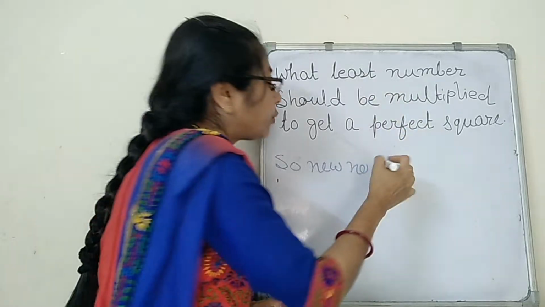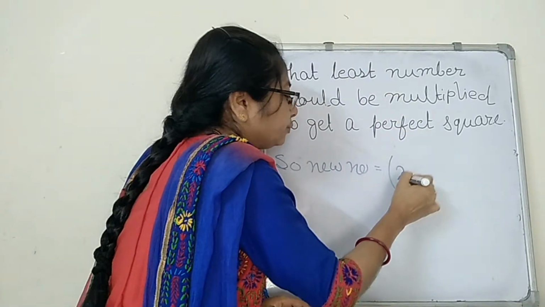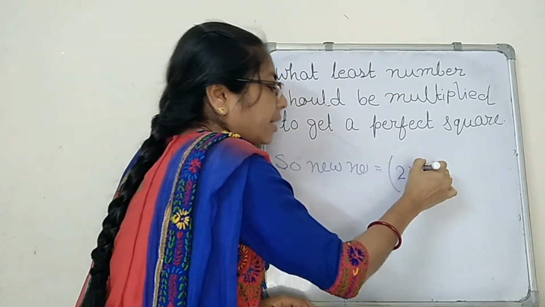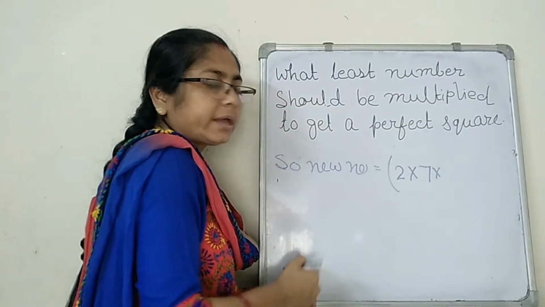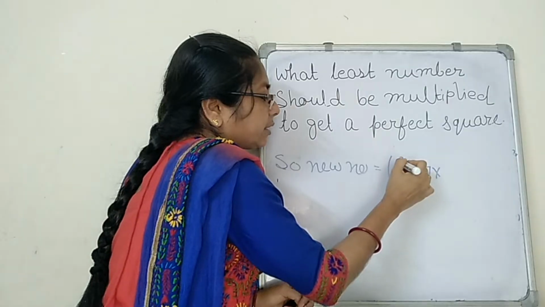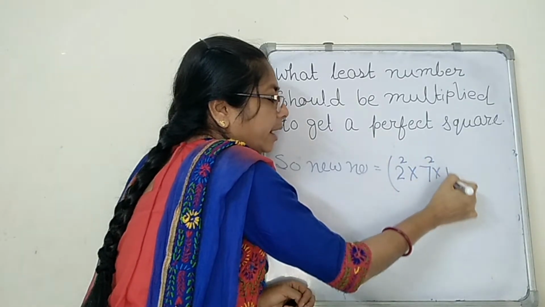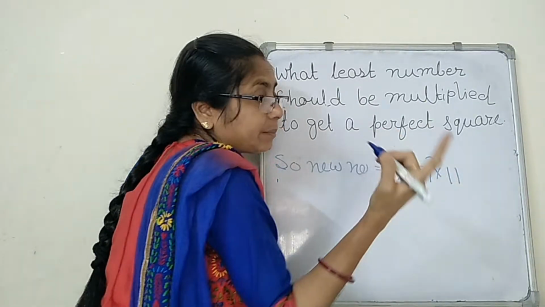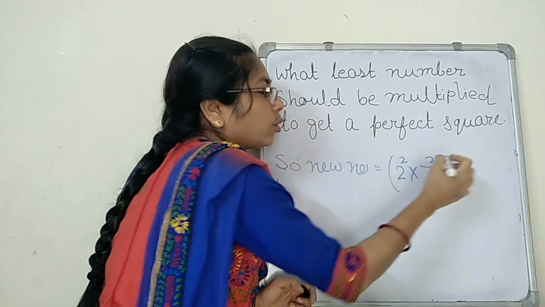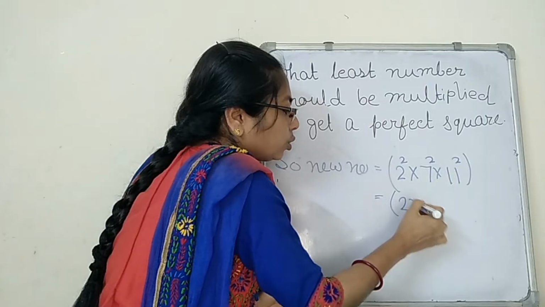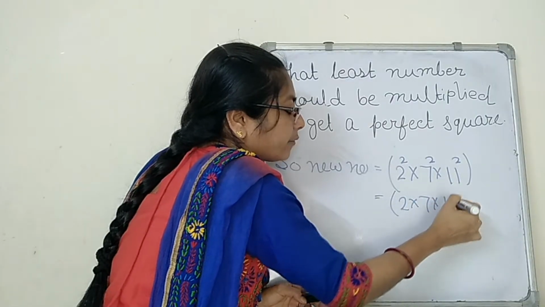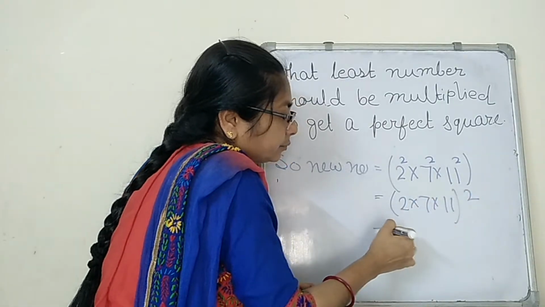What is our old one? 2 into 7. Okay? 11 comes 1 time. So, you write in this way. Now, we multiply it by 11. So, we write 11 square. So, how can we write? 2 into 7 into 11 whole square.